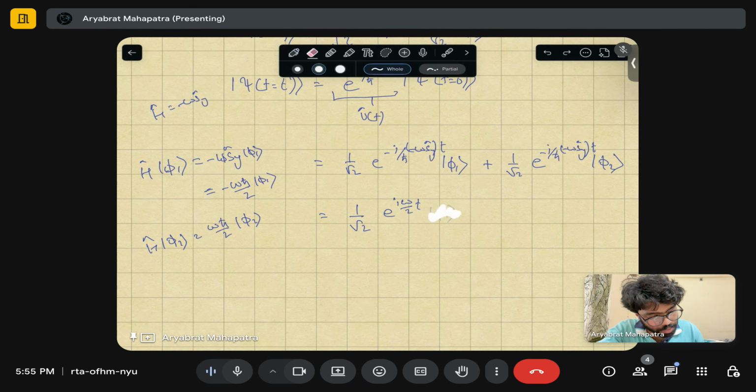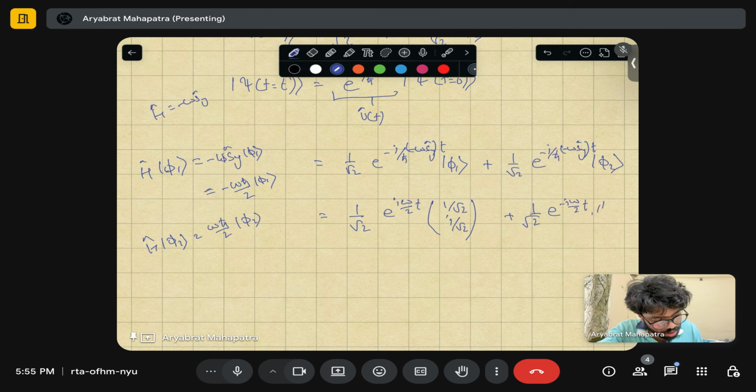Phi 1 is the complete column vector, which is 1 by square root 2, i by square root 2, then plus 1 over square root 2, then minus i omega by 2 times t, then 1 over square root 2, then minus i over square root 2.